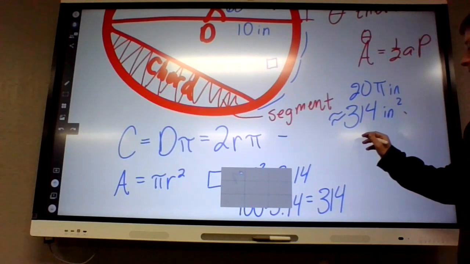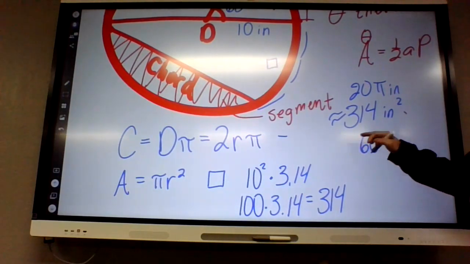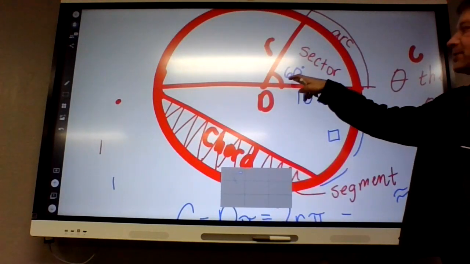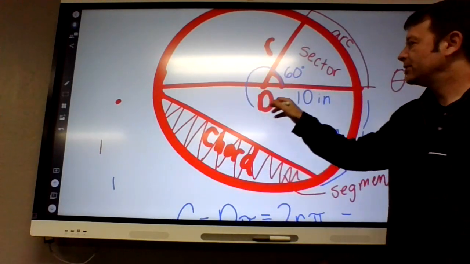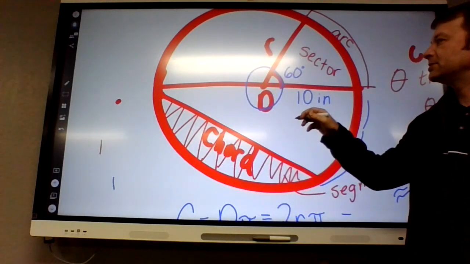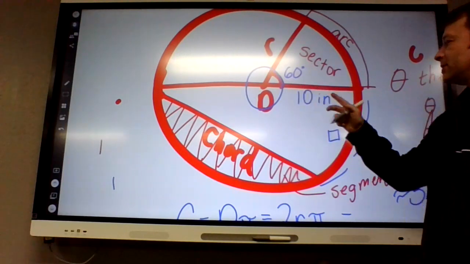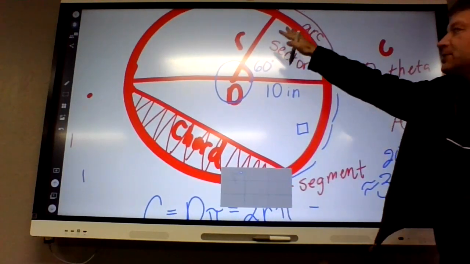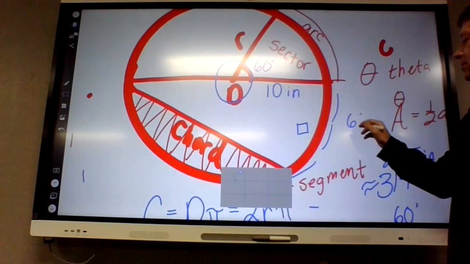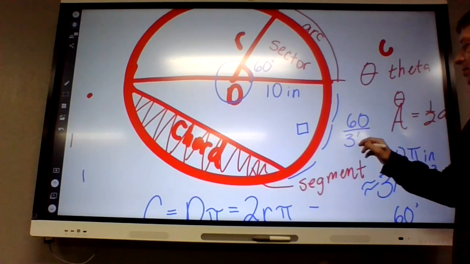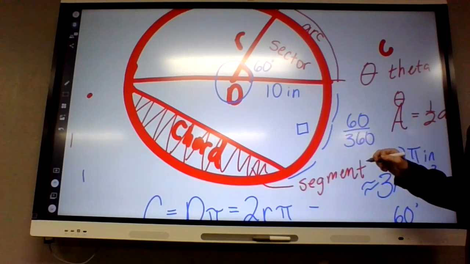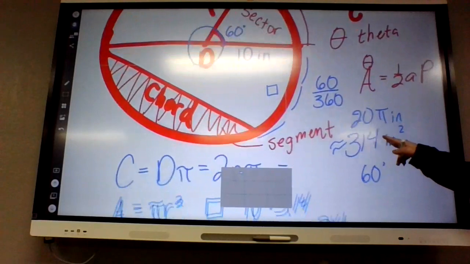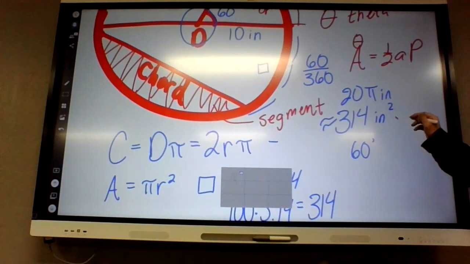So this little sector uses 60 degrees out of 360. So what fraction of the circle are we actually using just for the sector? 60 out of 360, which does reduce, right? To 1/6.